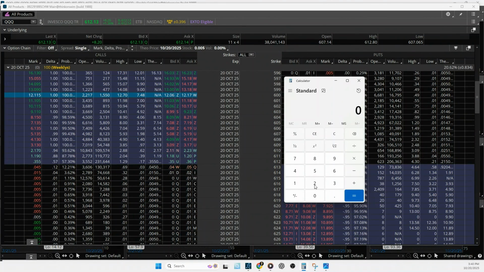All right, 2,217 divided by 2, because let's say there are 2,000 people that took a position since inception of this contract, and they're still open positions, that means they're half on one side and half on the other.